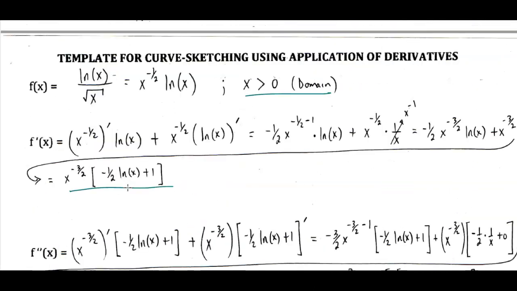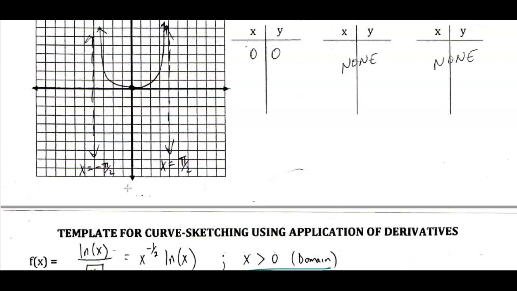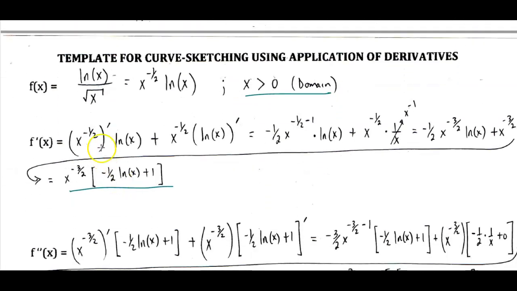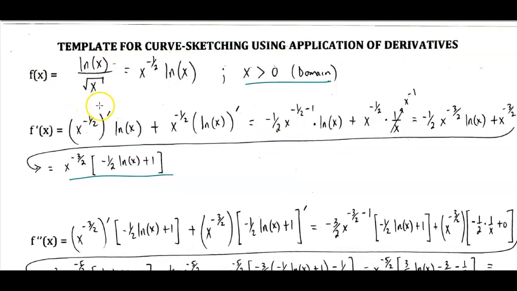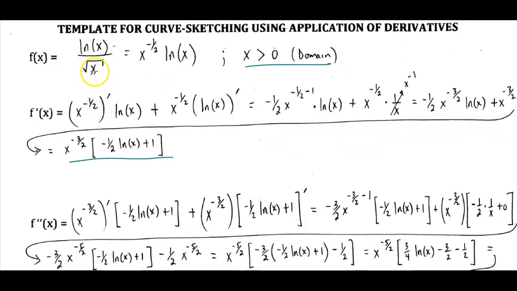And so I know it has a vertical asymptote because of the fact here that natural log of x, as x gets closer and closer to 0 coming from the right, approaches negative infinity, okay? And of course, this value here, as it gets closer and closer to 0, its value is going to get smaller and smaller as well. So I got a number that's approaching a very large number divided by a very small number, which is going to get even larger, okay?